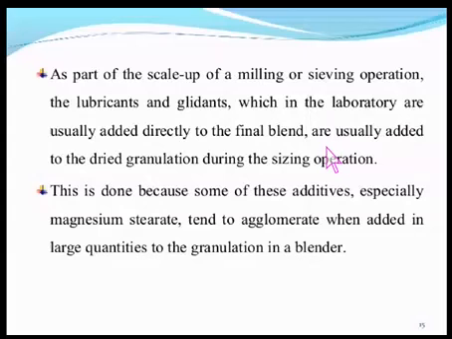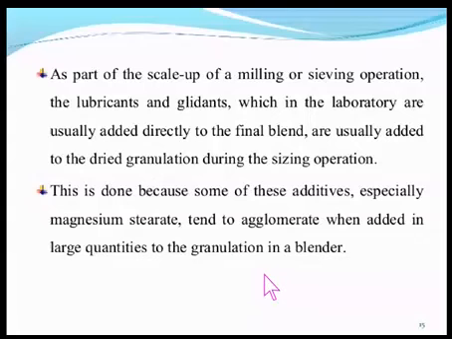but at the large scale, or while developing that formula in the pilot plant, it is important to add the lubricant and glidants during the sizing operation. This will reduce the problem of scale up. This is in fact done because some of the additives, especially magnesium stearate, tend to agglomerate when added in large quantities to the granulation in a blender.